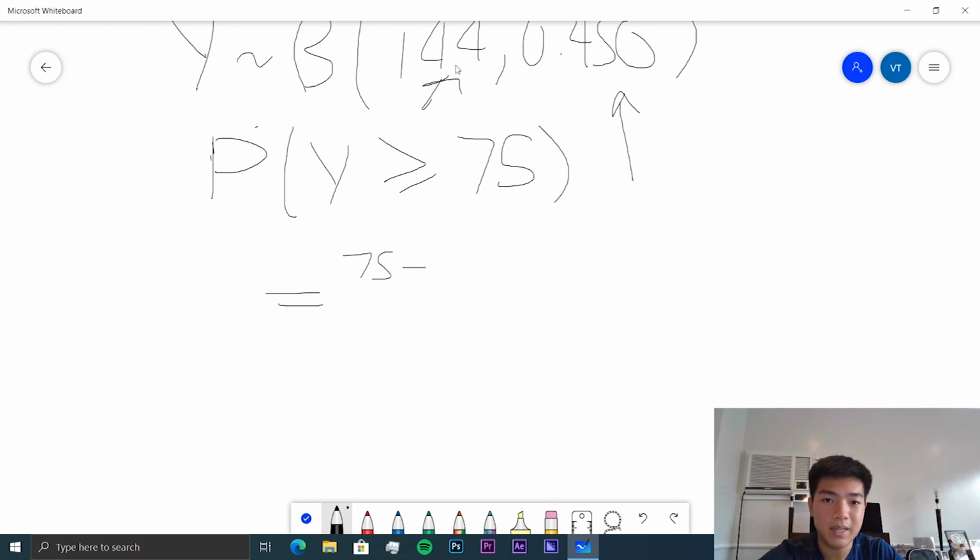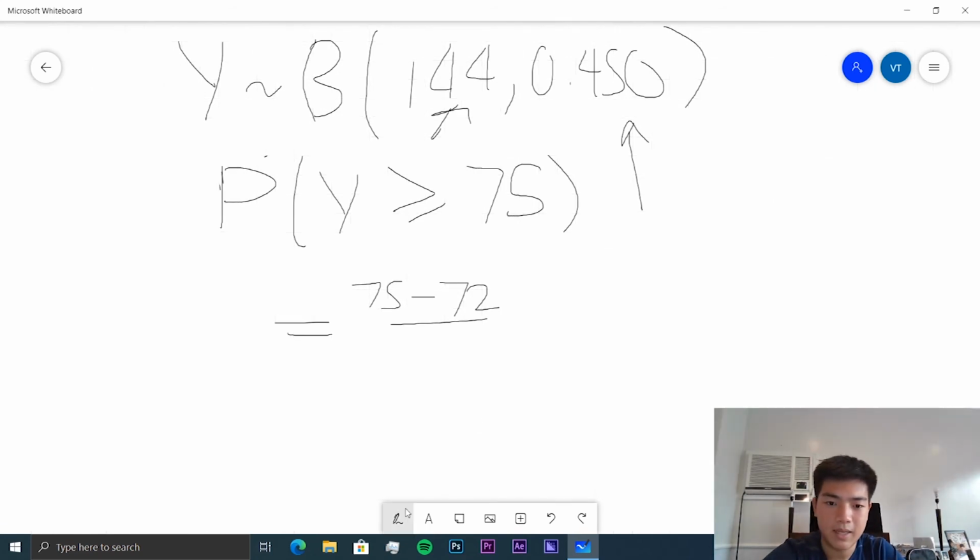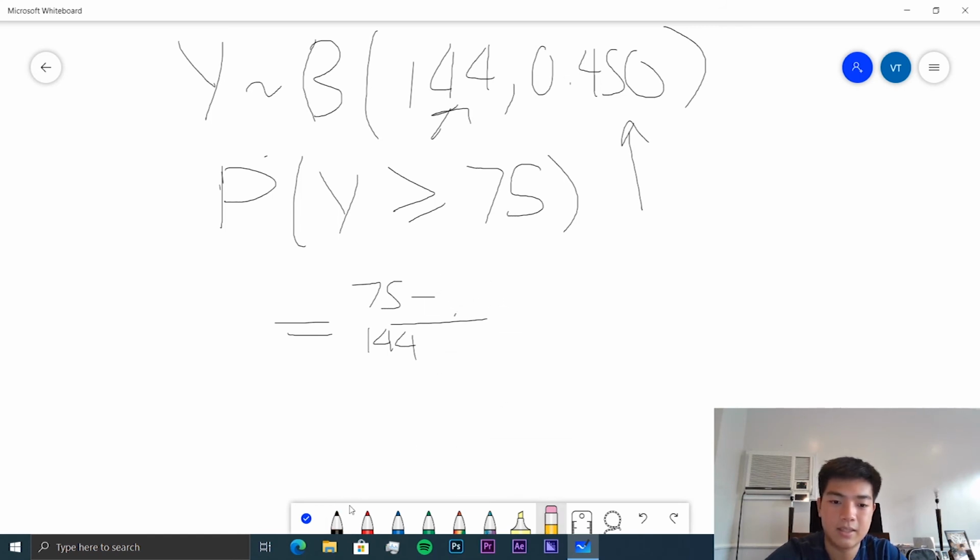And the mean will be half of this, so 144 times 0.5, divided by the standard deviation of a binomial, which is the square root of npq. Oh, sorry, no, wait, the mean isn't 72. This is going to be the mean over the standard deviation.